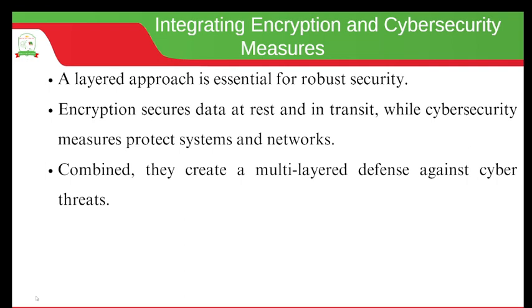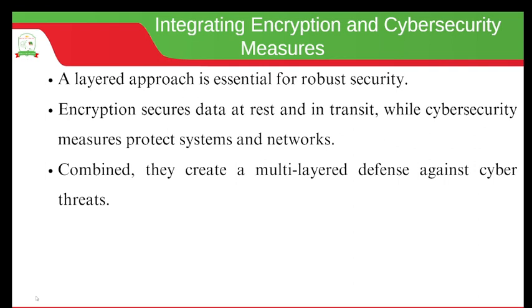Finally, we want to understand how we integrate encryption and cybersecurity measures. We can do a number of things. The first one is having a layered approach, which is essential for robust security. And we can also ensure encryption secures data at rest and in transit, while cybersecurity measures protect systems and networks.